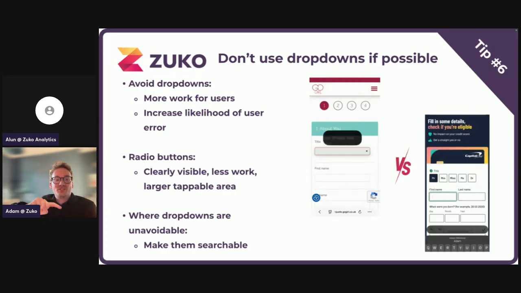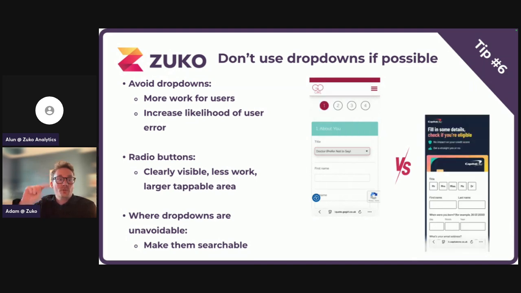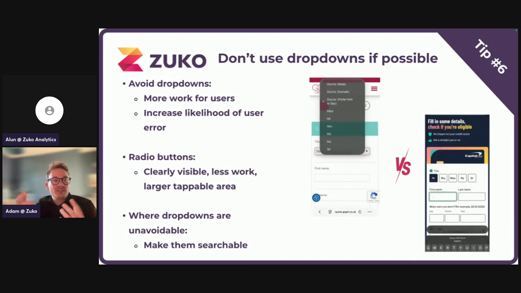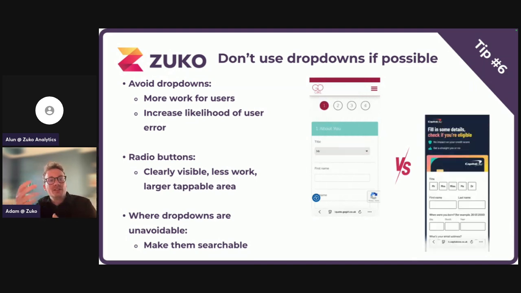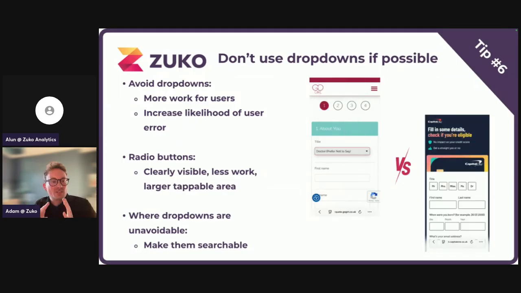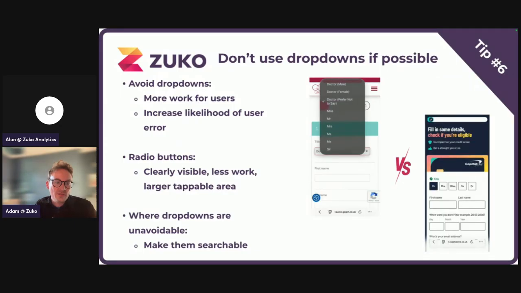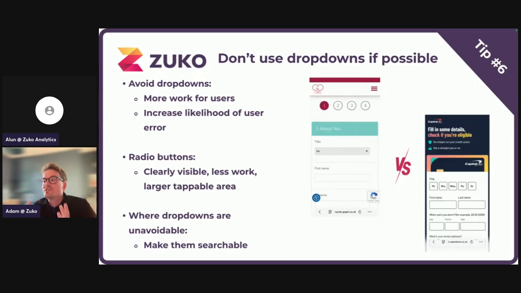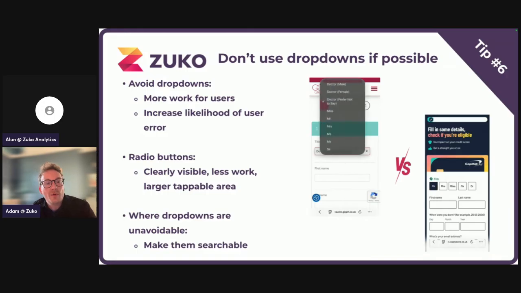Again, if they're having to scroll through a drop down, the scroll might register as a selection, and so then the user has to go back in and reselect. All these small things are increasing the frustration on your mobile users. Where there is an alternative, in this case radio buttons, it's a lot easier for your mobile users.